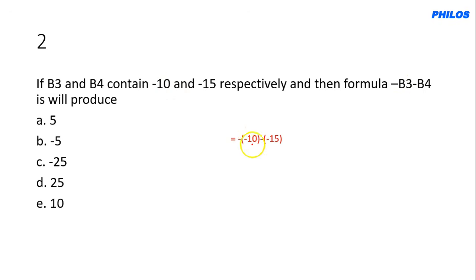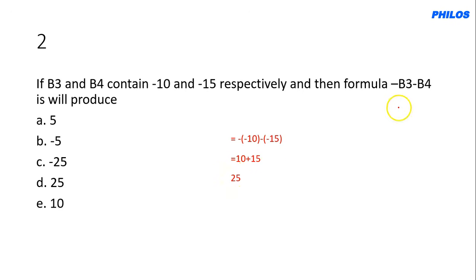So it's going to be negative, and in place of B3, we put -10 in brackets, then minus, and in place of B4 we put negative 15. Negative times negative 10 should give you positive 10, and negative times negative 15 should also give you positive 15. So 10 plus 15 will give you 25.